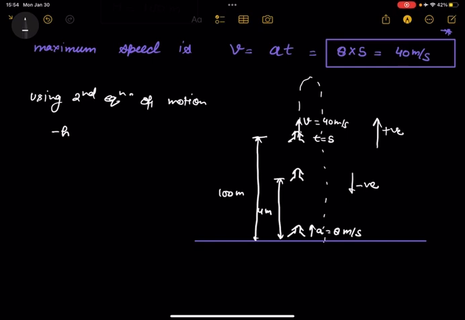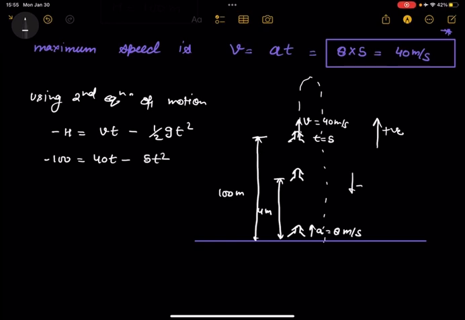So minus H is equal to vt minus half of g t square. Putting the values: minus 100 equals 40t minus 5t square.